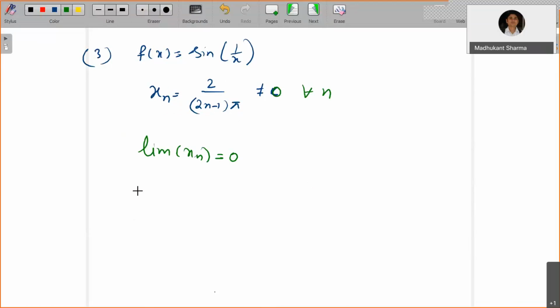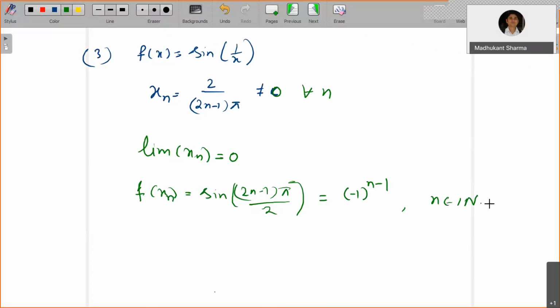And f of xn is equal to sine of (2n minus 1) pi by 2, that is going to be minus 1 to the power n minus 1, for n belonging to natural numbers.